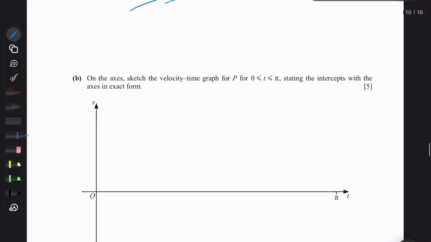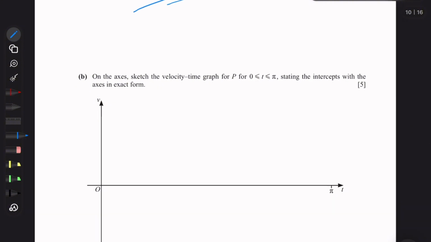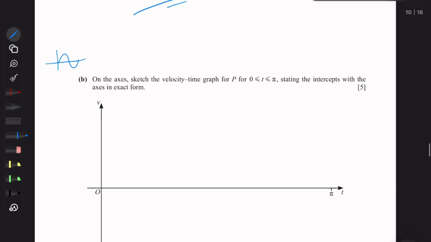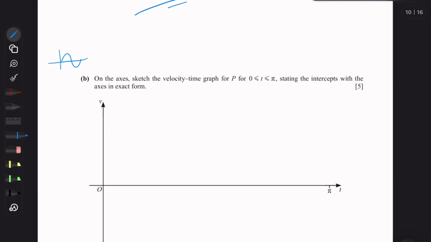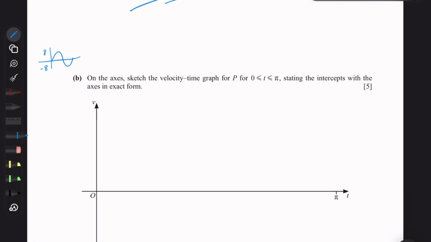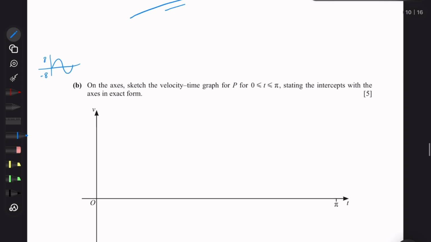And normally a sine graph would look like this. And since the equation tells us that the amplitude would be 8, minus 8, and we know that it's plus 4, so the graph has shifted up by 4 because it's positive.